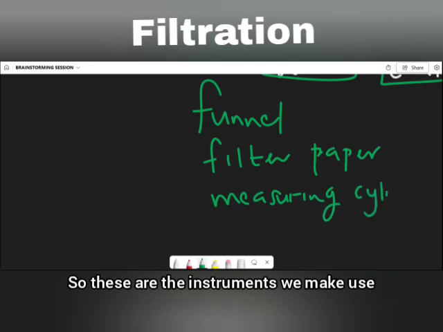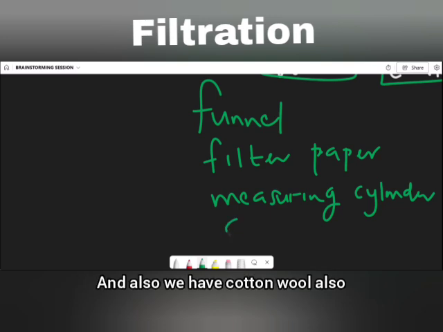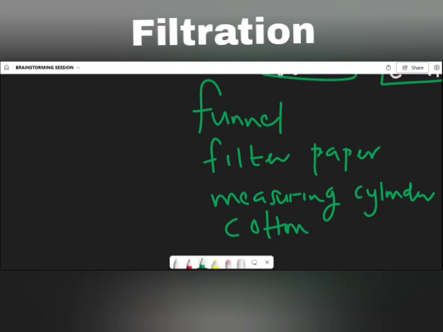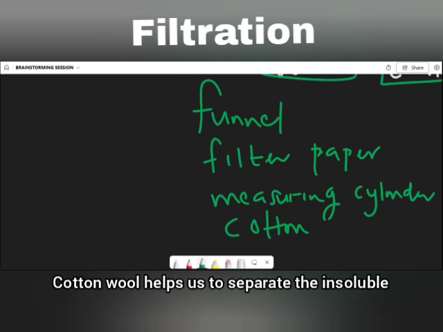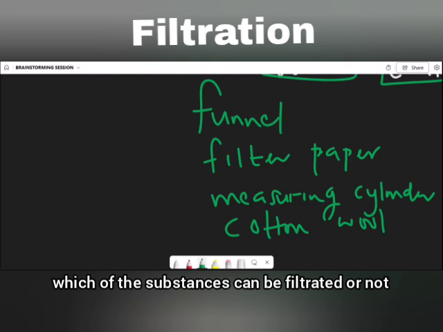These are the instruments we make use of whenever we are carrying out filtration. The funnel helps us to separate the insoluble particles from the water. Now let's go to our options to see which of the substances can be filtered or not.